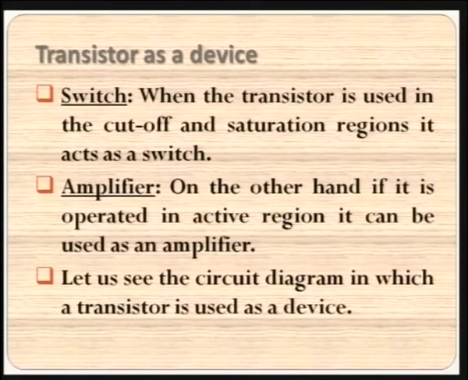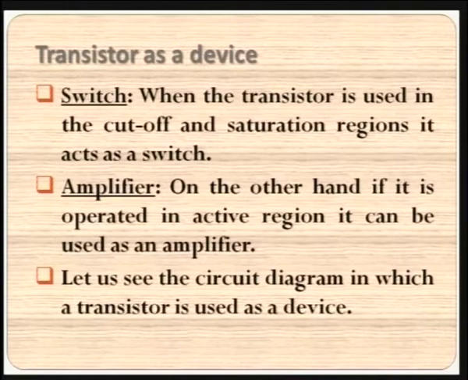We have studied the characteristics of the transistor in the common emitter mode, and what information we get from the input characteristics and output characteristics of the common emitter configuration.